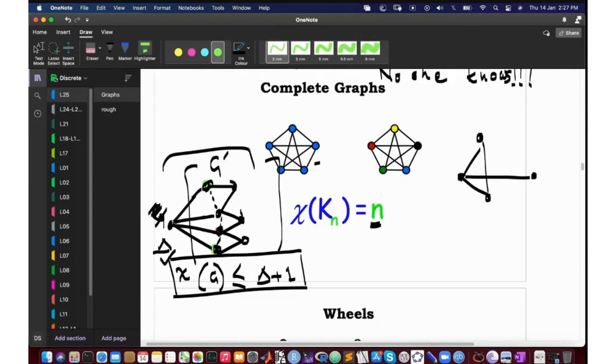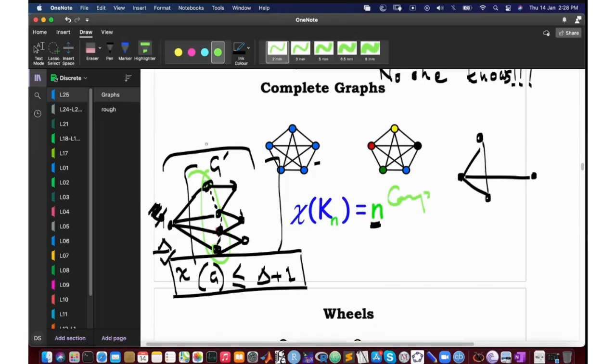To make sure that I can't use the fourth color, I have to assume that all of these are connected to each other. If they are connected to each other, then I can't use the same color again. So this kind of graph is a complete graph, in which you pick a vertex, its neighborhood is completely connected among itself.